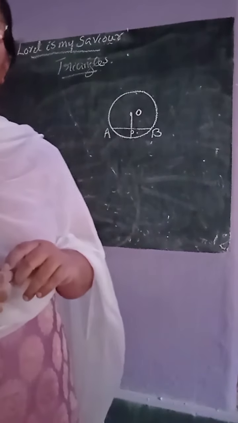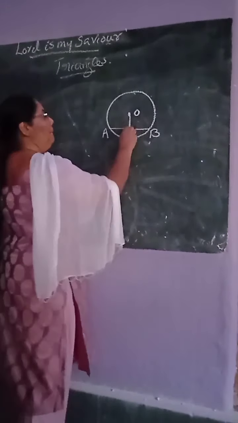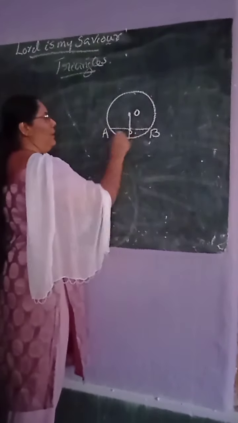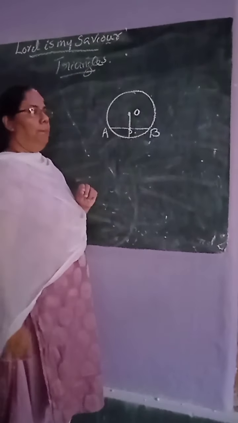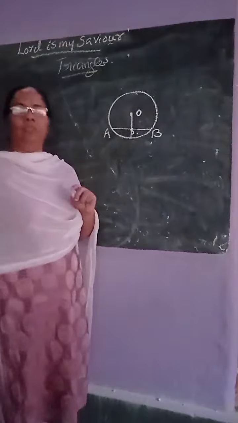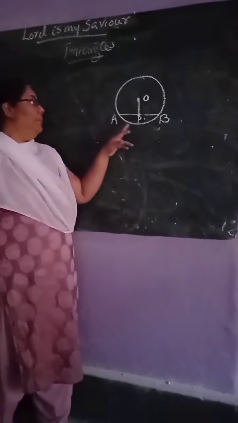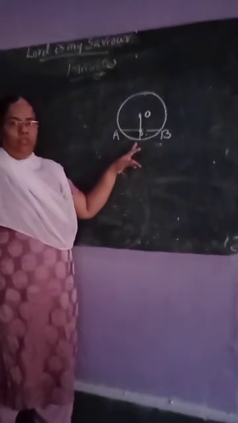AB is a chord of a circle and O is the center. P is the midpoint of AB. Prove that triangle OAP is congruent to triangle OBP.